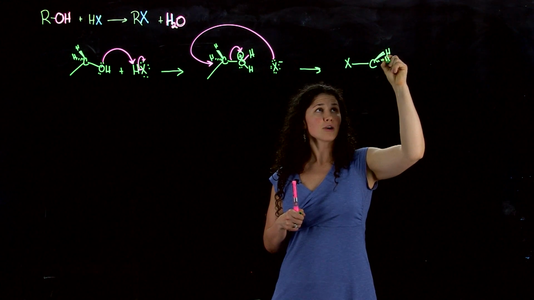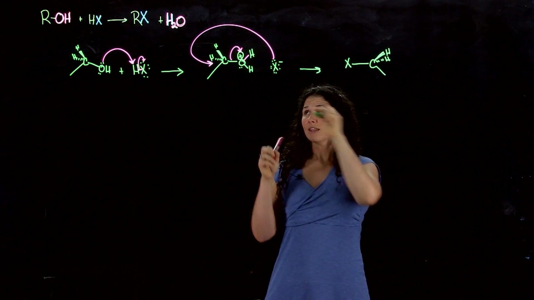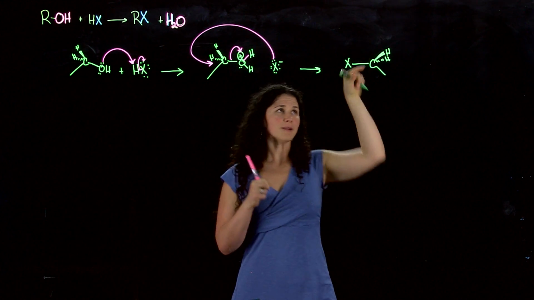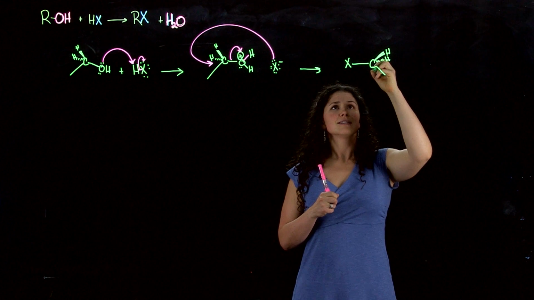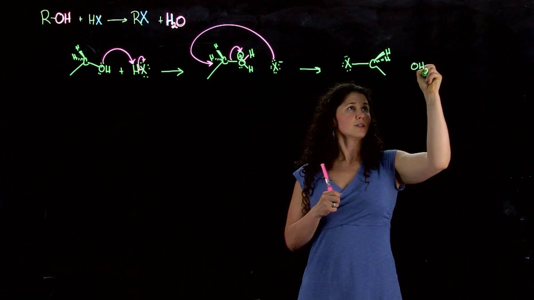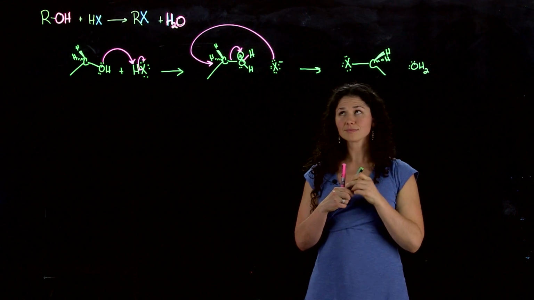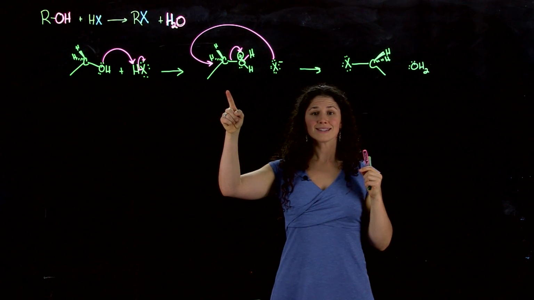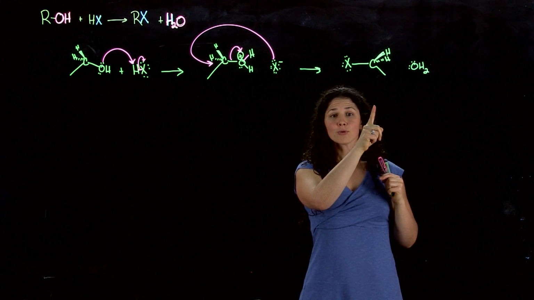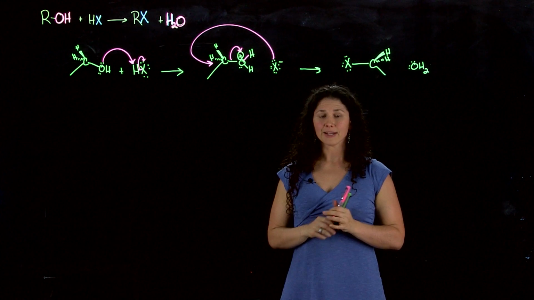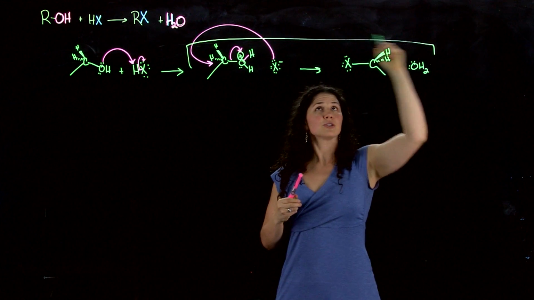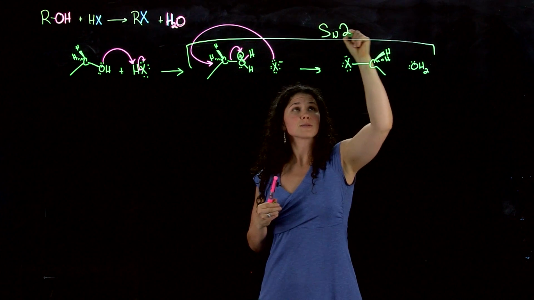Basically, it's going to do that umbrella flip where it pushes the hydrogens and the other carbon from going this way to going this way. And it pushes out the water molecule. So now, in only one step, I've gone from the protonated alcohol all the way to the product without forming a carbocation. And this part of the mechanism here is what's associated with SN2 mechanisms.